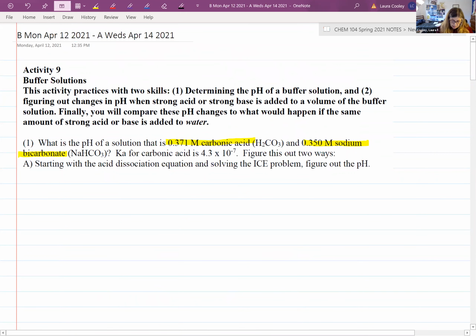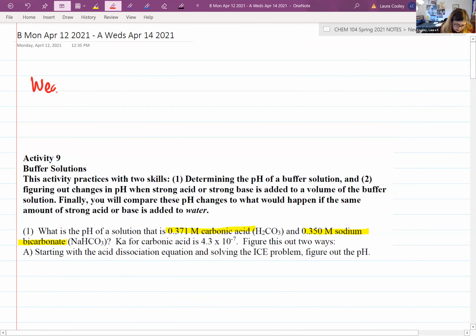As you can remember, I hope you remember, a buffer solution contains a weak acid and its conjugate base.